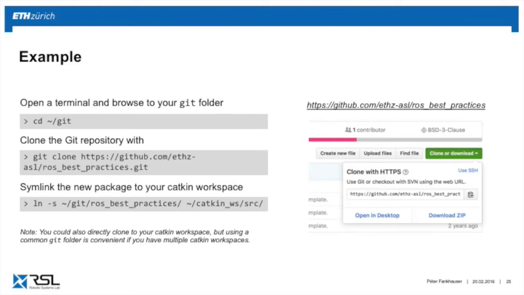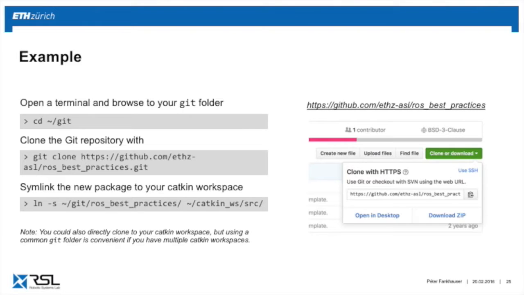Now we come to a second example. What I'd like to do is go, let's say, on a typical GitHub website and have you download, clone a Git repository. This is a typical tool that you'll see when working with software. And then we're going to build this on your system. So you can go on the website github.com/ethz-asl/ros_best_practices.